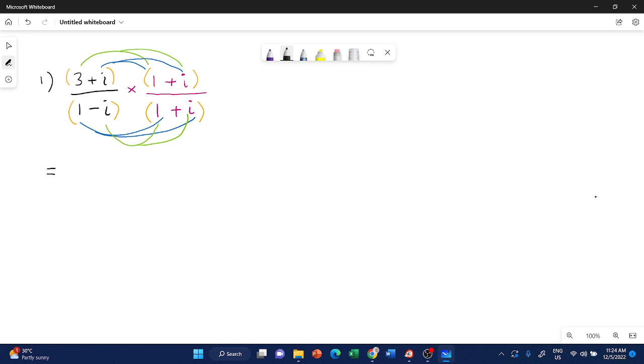Okay, so kita akan buat the multiplication bahagian atas dulu. So just follow the directions of the color.